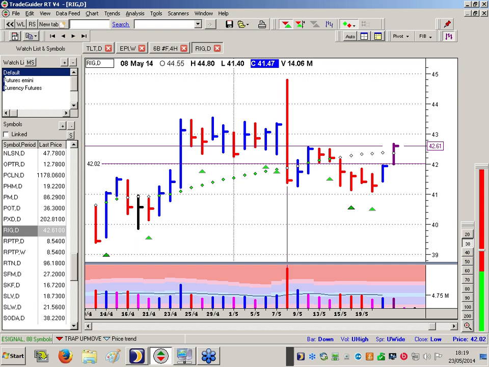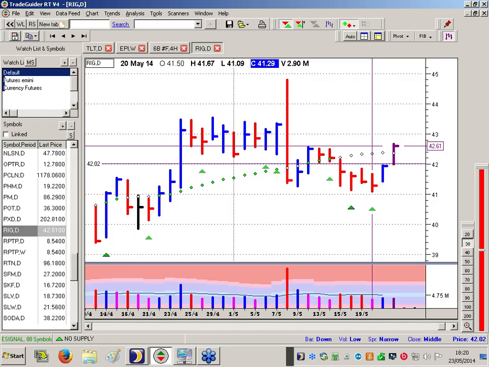So the best position on RIG is to short the rally for a continuation down to be in alignment with distribution. Sorry, what was that, Rita?